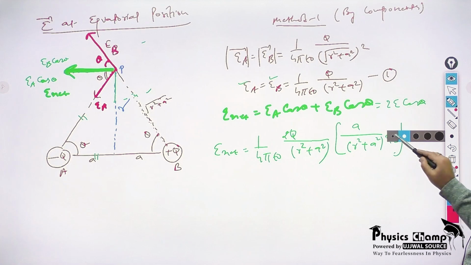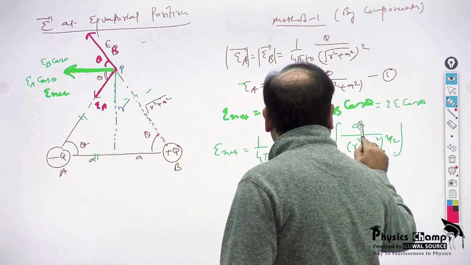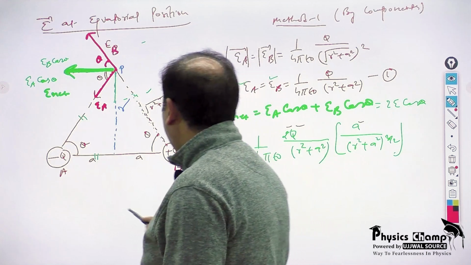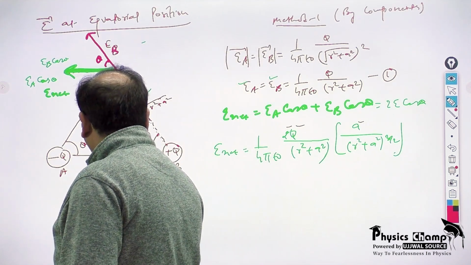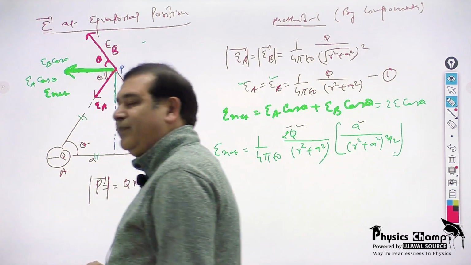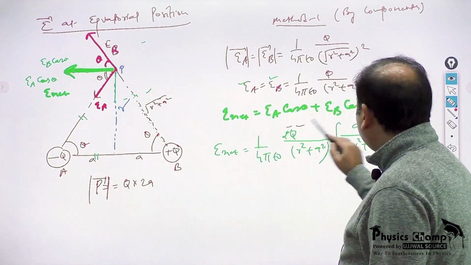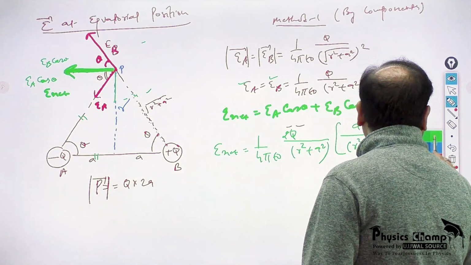So I can write the net electric field again here, this 2q into a. We know the dipole moment, the magnitude of the dipole moment is q into 2a. So this 2q into a can be represented as the dipole moment.